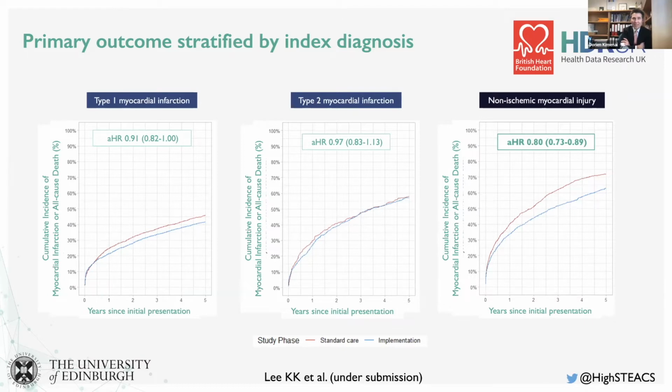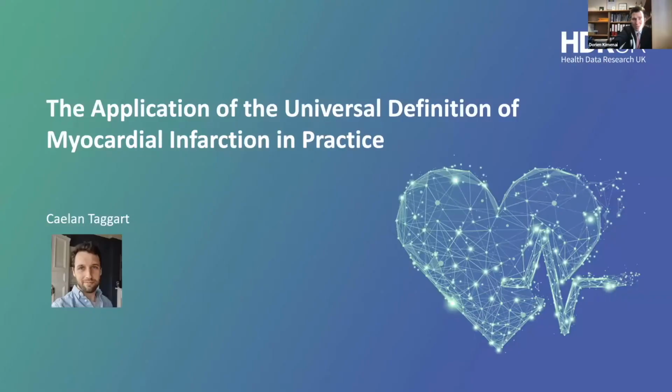So intriguing results showing the benefit, I think, of having the ability to use long-term follow-up to see what happens to these patients within the healthcare system. Now, I'm going to pause and hand over to Dorien to present the second aspect of the talk.